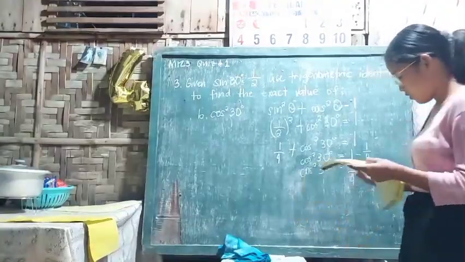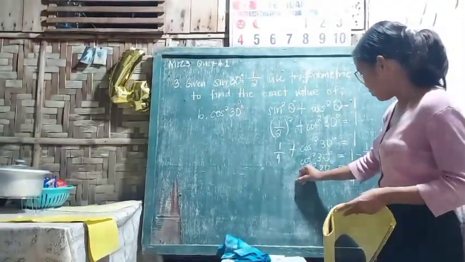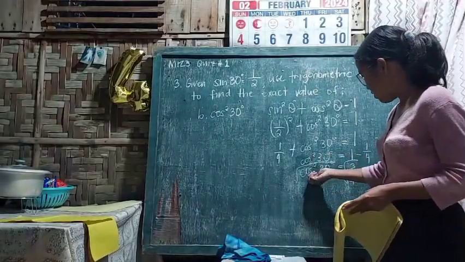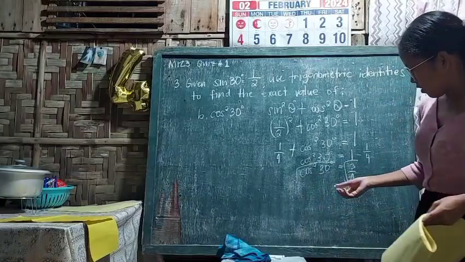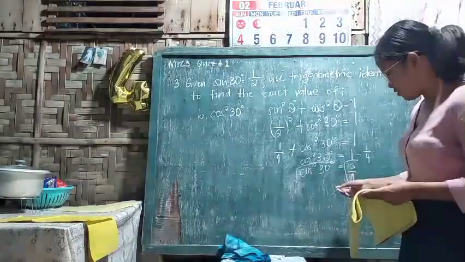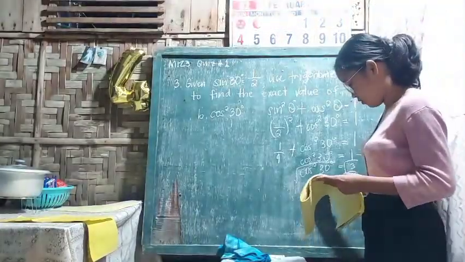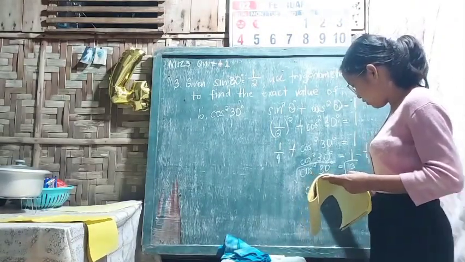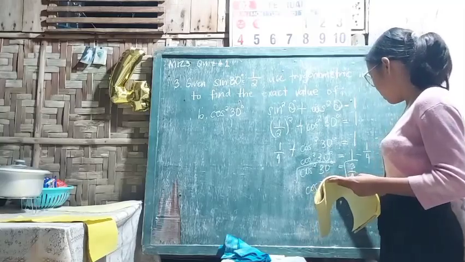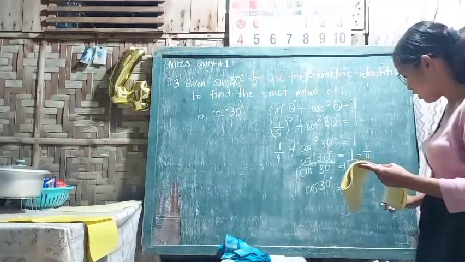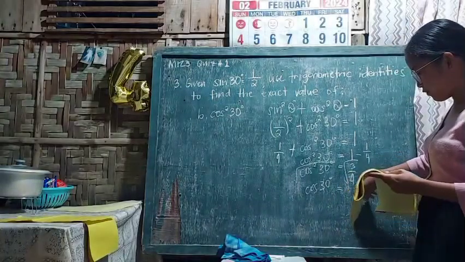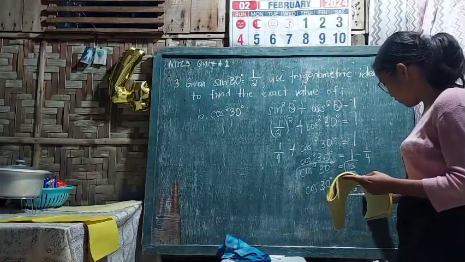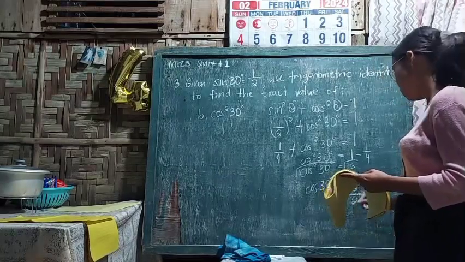So now we are going to take the square root. Cosine squared 30 degrees becomes cosine 30 degrees equal to the square root of 3/4, which would become square root of 3 over 2.